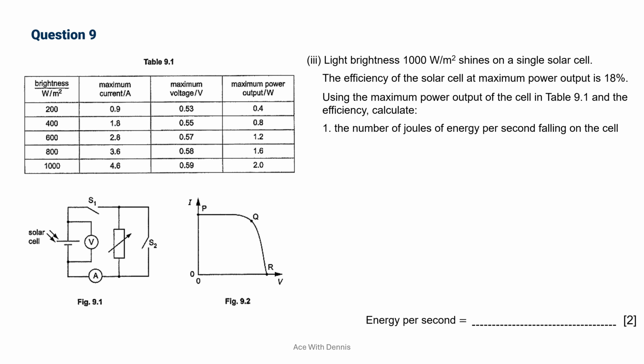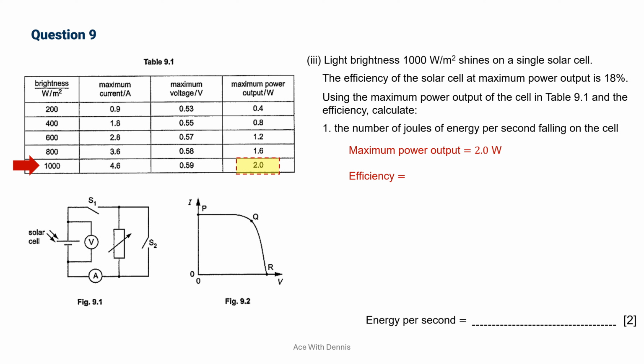The number of joules of energy per second falling on the cell. 2 marks. Based on table 9.1, when the brightness is 1000 watt per meter square, the maximum power output is 2.0 watt. So write it down: the maximum power output equals 2.0 watts from table 9.1.